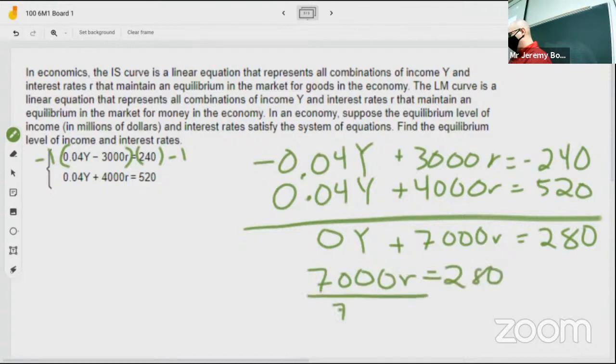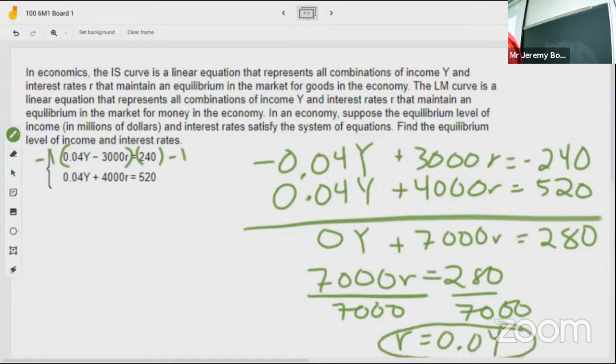We're going to divide by 7,000. We're going to get a decimal, which makes sense because we're talking about an interest rate. What is that going to be? Yep, 0.04. And so that is the interest rate, 4%, if you want to write it in percents.